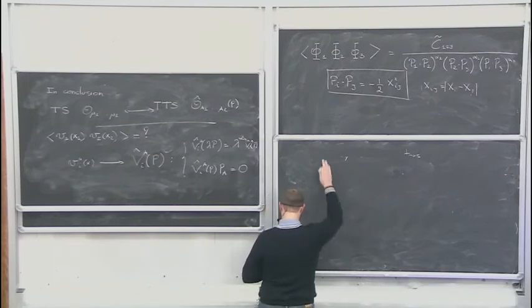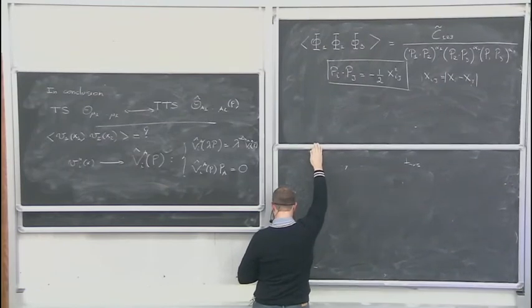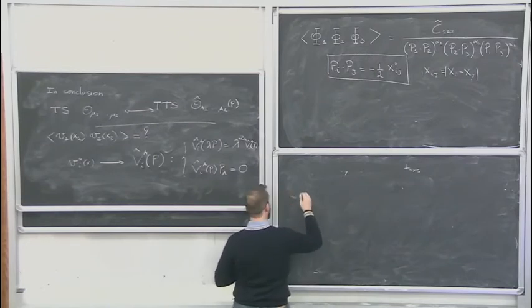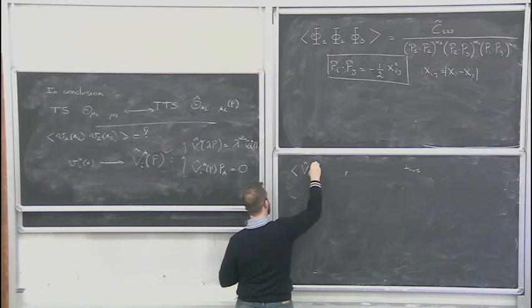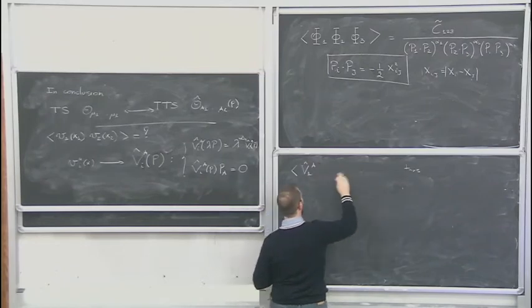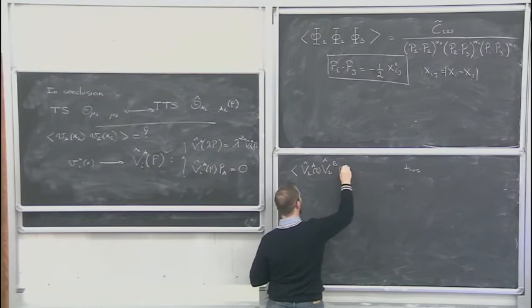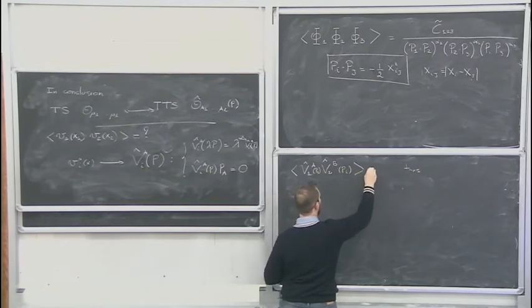The correlator of v1 hat a and v2 hat b of p1 and p2, what is it going to be?